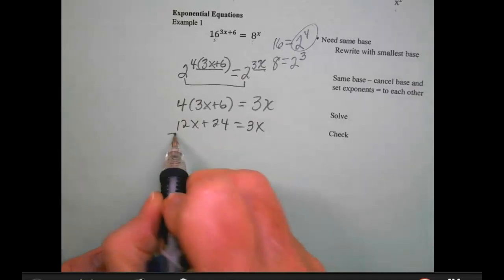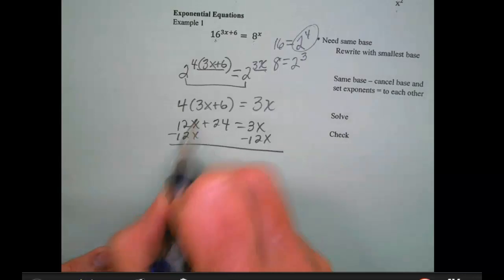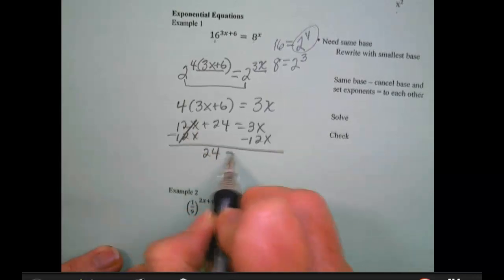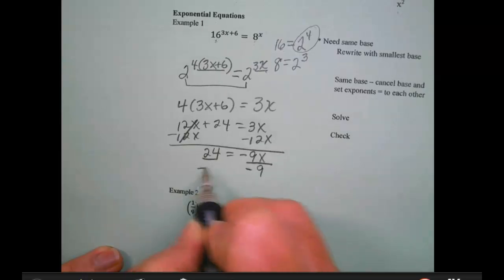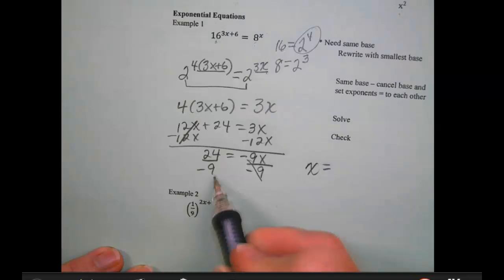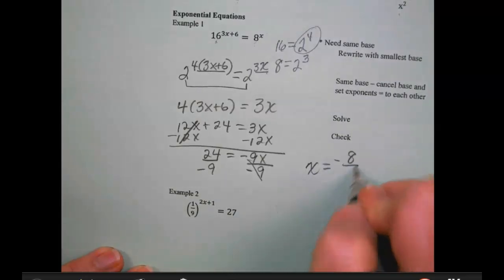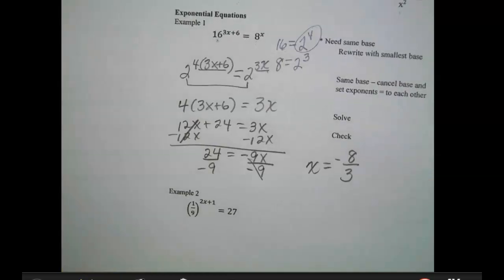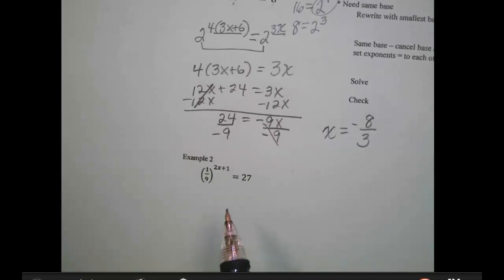So I'm going to go ahead and subtract the 12x. So we have variables on one side, number on the other. I'm going to divide by -9. And then I have to reduce. When I reduce by 3, I'm going to get -8 over 3. Okay?